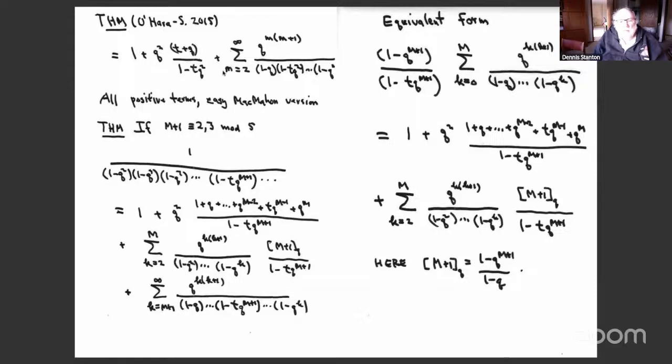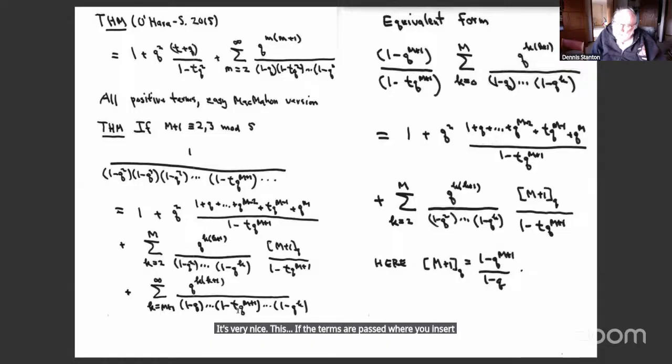What happens if I put a t not on the 2, but on any of these terms down here? Well, something very similar happens. In the sum, it's very nice. If the terms are past where you insert the t, they just insert exactly as you would hope.